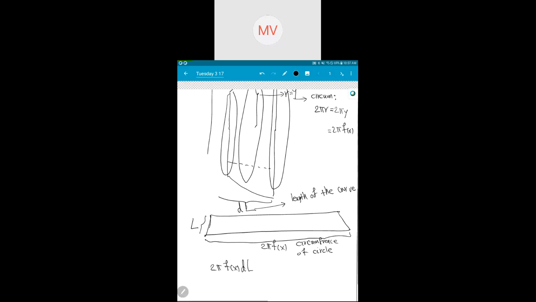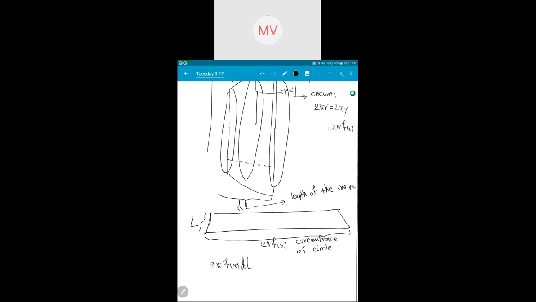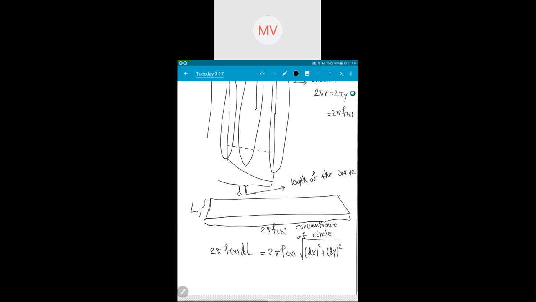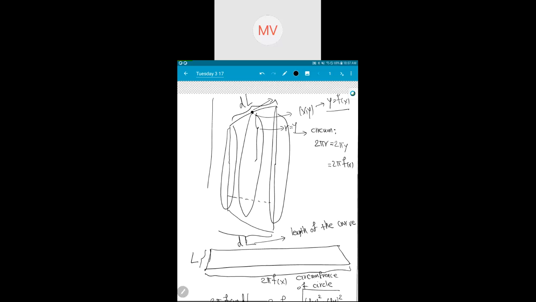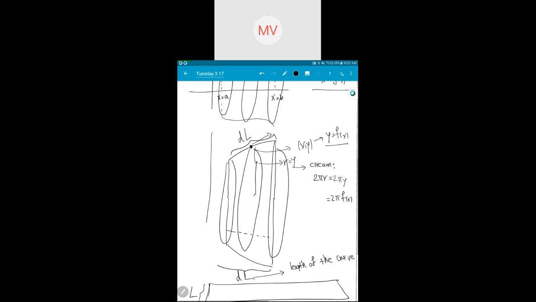But we already know the formula for an element of length, a formula we established yesterday. It's the square root of dx squared plus dy squared. Okay. So let me go up there and write down what we're doing here.